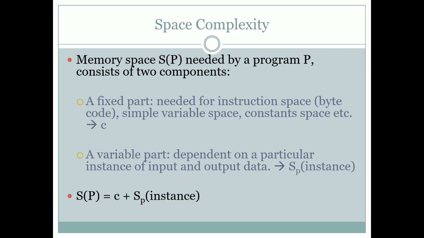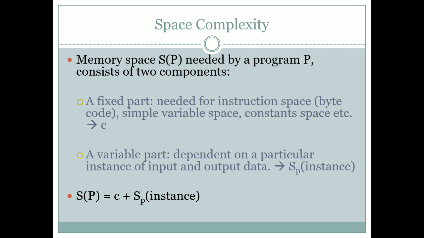And another part is the variable part. The variable part will be denoted by Sp. It will depend on an instance of input and output data. Why input and output data? Because if we are executing a loop with the condition i less than n, that loop will depend on the value of n.